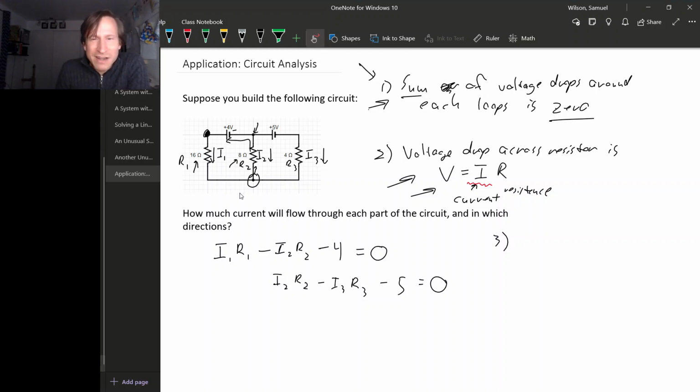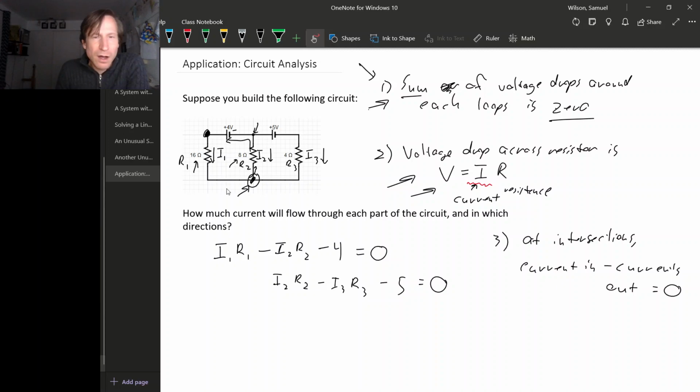So we need to write an equation for this node down here, for this intersection of the 3 wires. At intersections, all the currents have to add up to 0. So currents flowing in minus currents flowing out have to add up to 0.